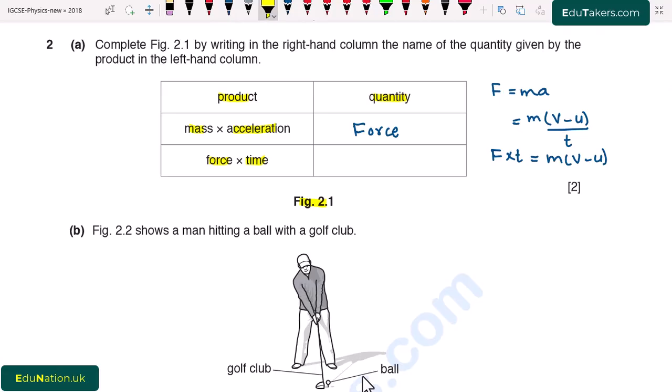We have to tell the name of this quantity, the product of force and time. So this is basically impulse. Impulse is equal to the product of force and time, or the change in momentum. So I write here it is impulse.